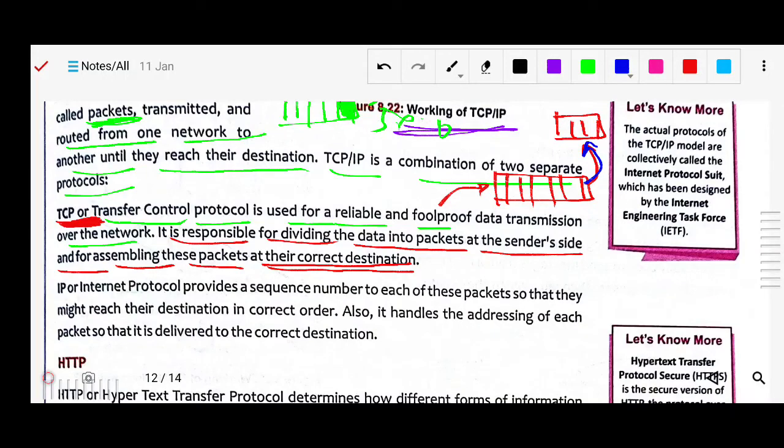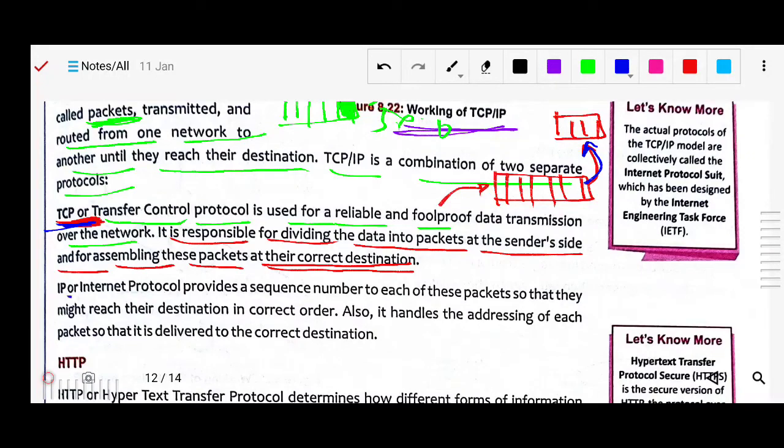Once it reaches the destination, the work of TCP/IP finishes. All this communication from one end to another is the responsibility of TCP/IP. That's why it is called the heart of the OSI model.